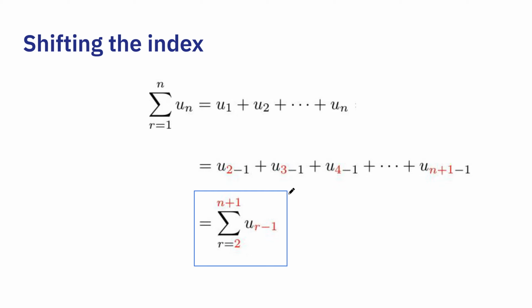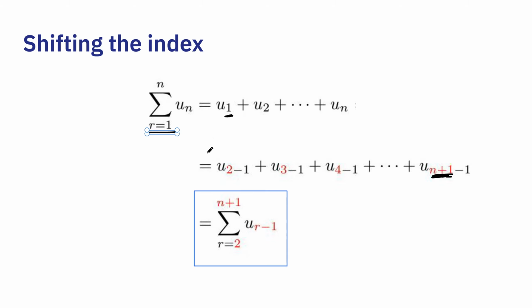So this will be equal to the summation of u(r minus 1), but instead of starting at r equals 1 here, we are now starting at r equals 2. So the first term would be u2 minus 1. The second term, r will go one step higher, become 3, right? So 3 minus 1, all the way until we hit n plus 1 minus 1. So this is a possible way to shift the index.